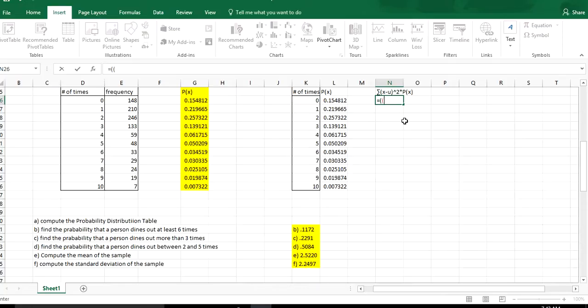Actually, hold on. Let me type out my mean right here so I can click the cell. 2.5220. Okay. Just so I can click that cell. So equals, so our X value minus the mean.